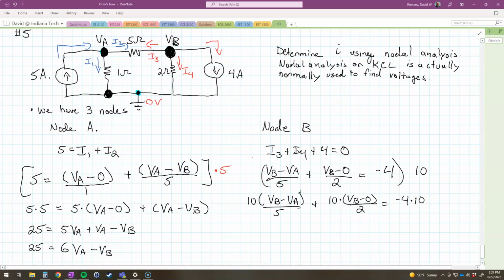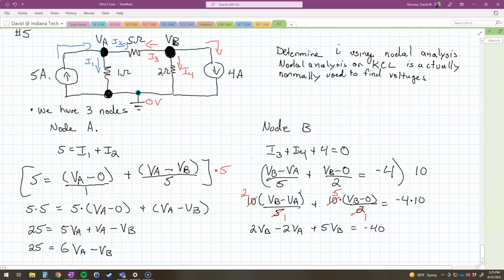And then some simplification. 2 becomes 1. This becomes a 5. This becomes a 1. And that's the whole point, is we're getting rid of all of the fractions. And so what I'd have here is 2 VB minus 2 VA plus 5 VB is equal to negative 40.